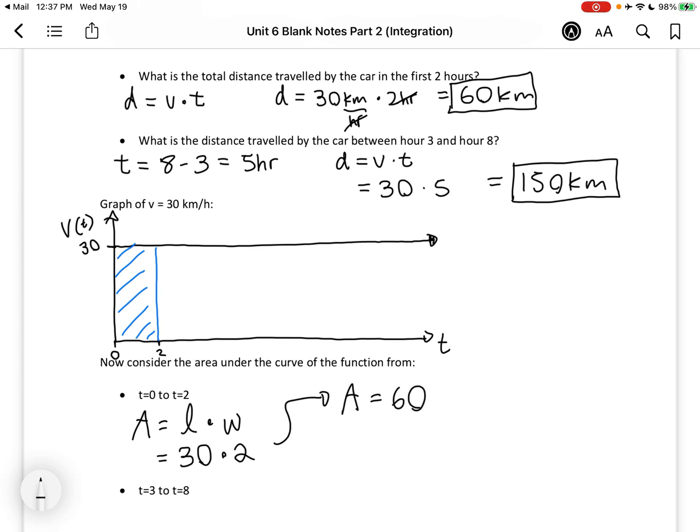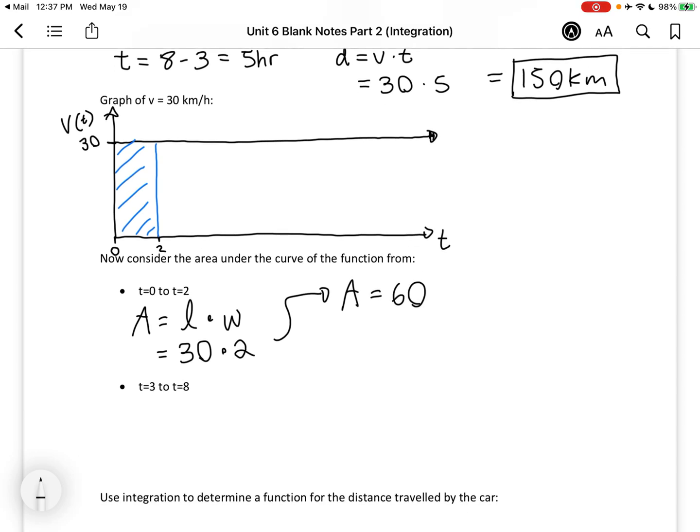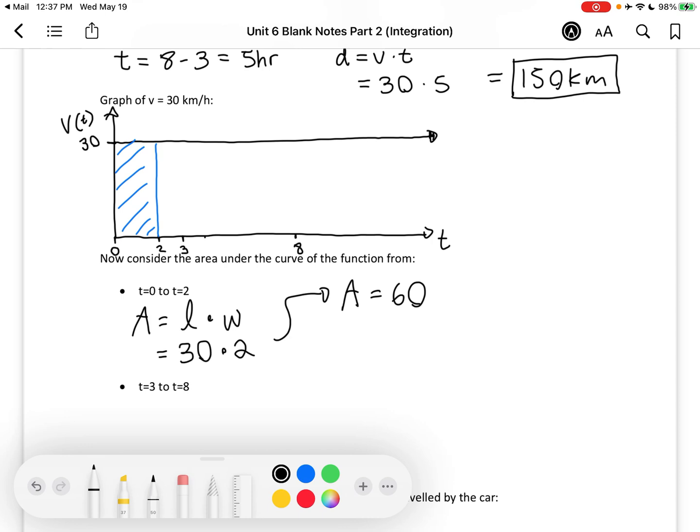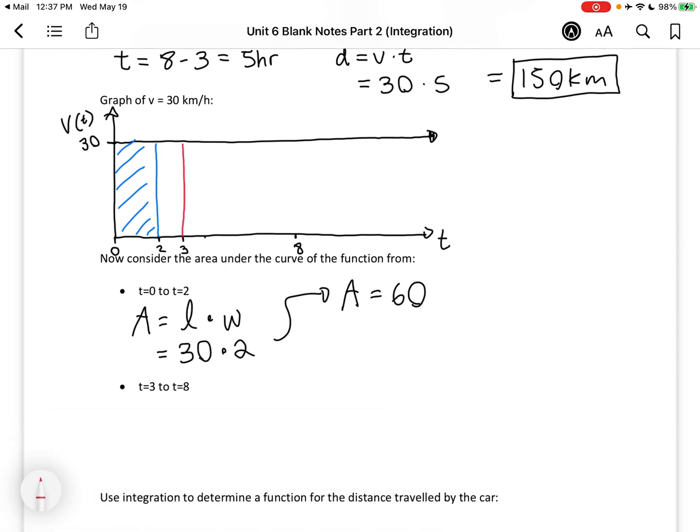Then we're also going to consider the area under the curve of velocity from time equals 3, which would be right here, to time equals 8, which is somewhere around here. So we're looking at this section, that area right there.